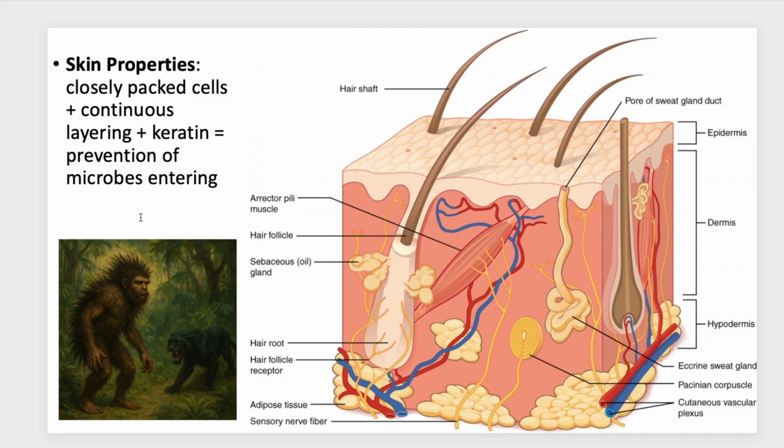And because they produce these layers of keratinized cells, especially on the edges where they literally die and become waterproof, and then they slough off our bodies, that waterproof layer is really good at preventing microbes from getting into our bodies.